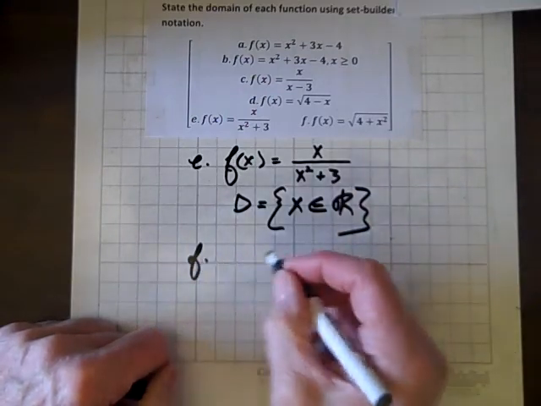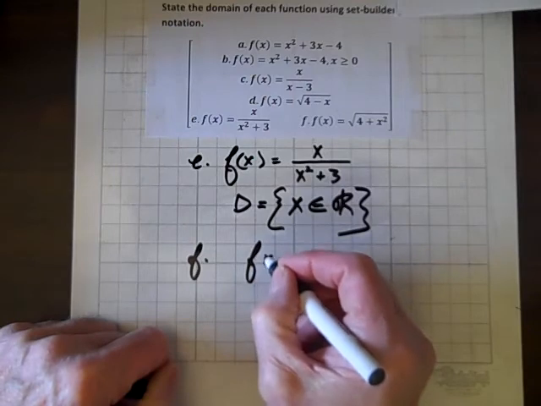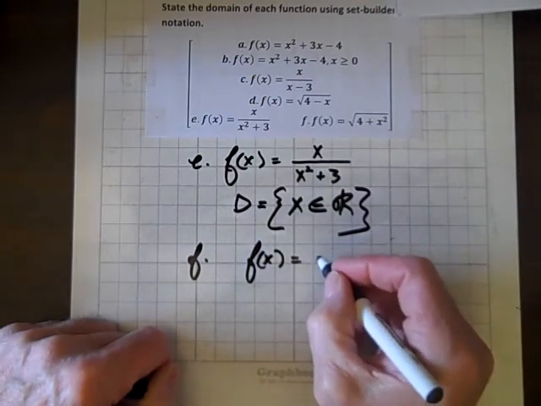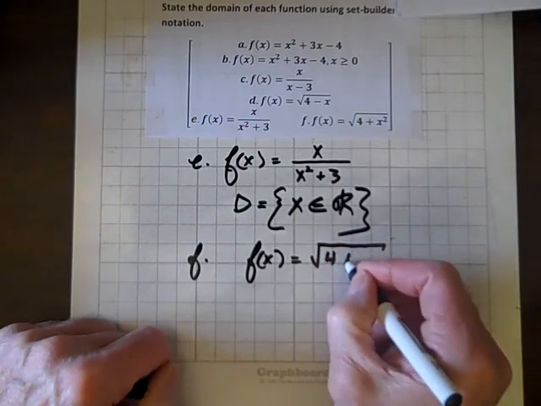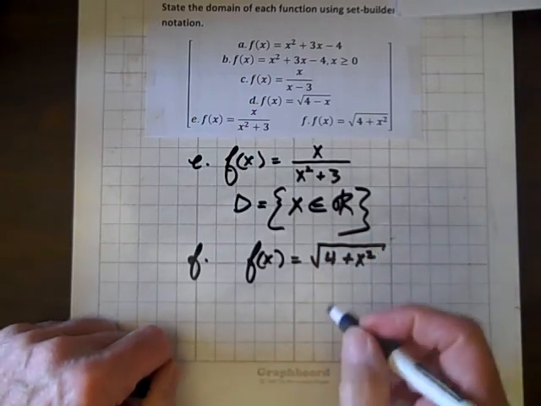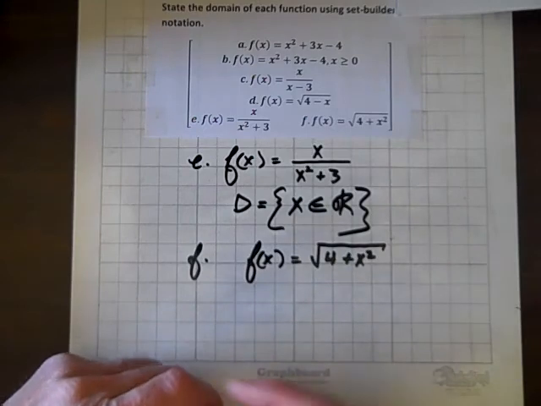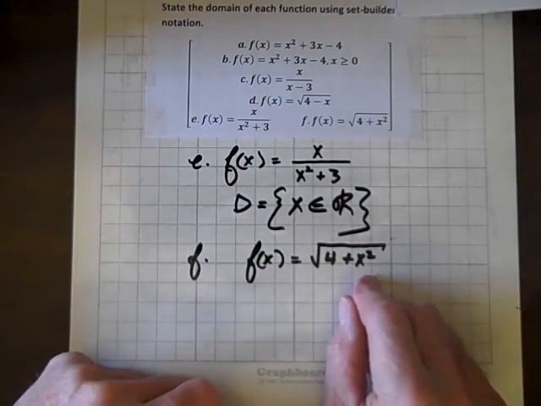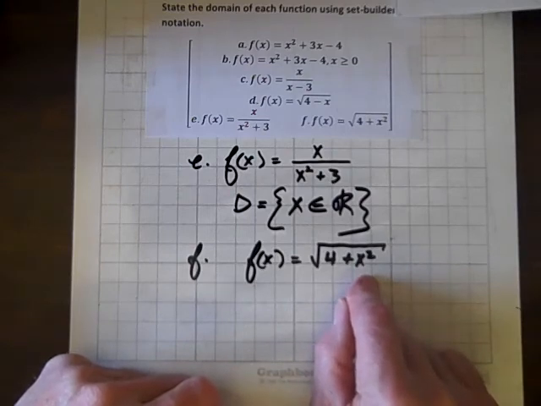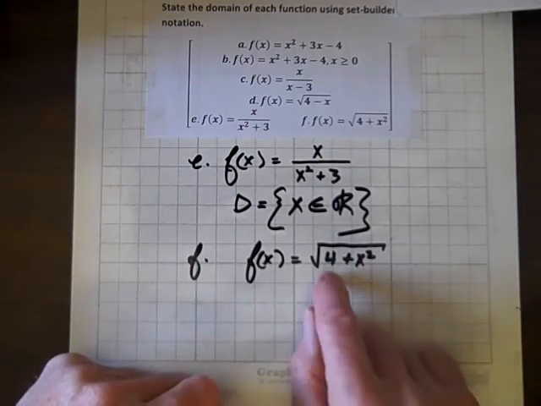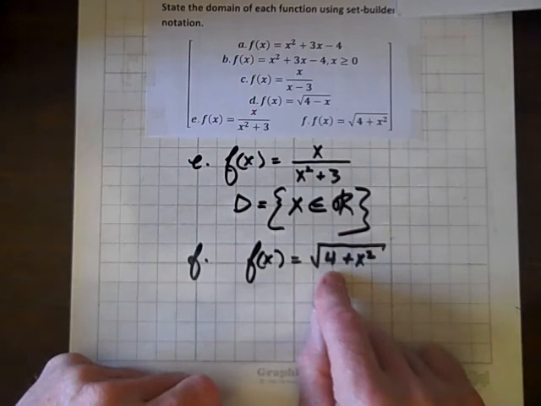For f of x equals the square root of 4 plus x squared, we have a variable under an even radical, but that variable is raised to the second power and added to a positive number.